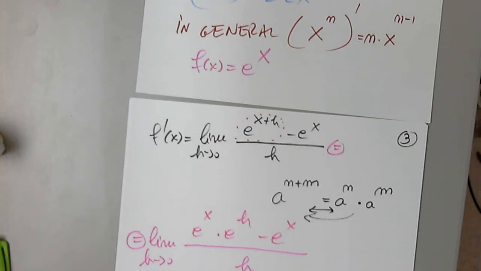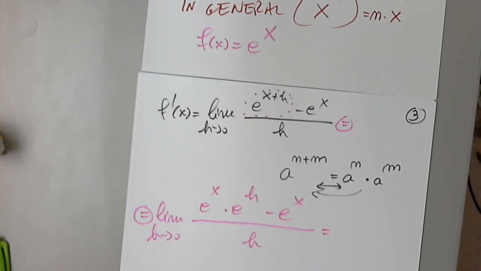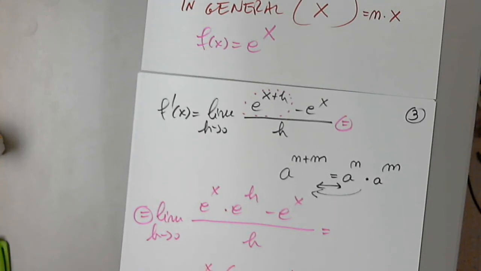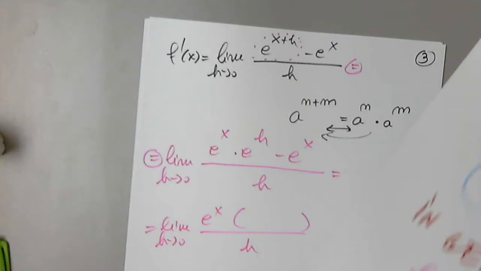Look at the terms in the numerator. Cross out the e to the x? No, I cannot do that. I have to factor it out. So this will be the limit as h approaches 0 of e to the x divided by h, and tell me what is left in parentheses.